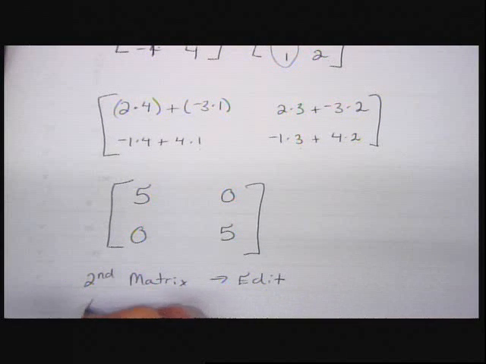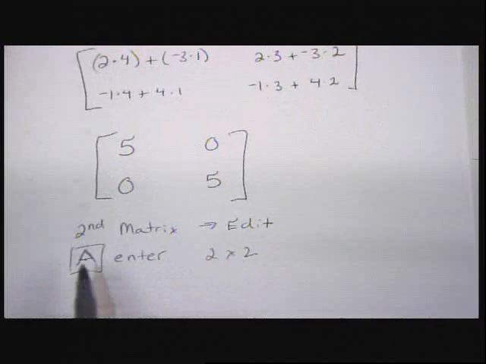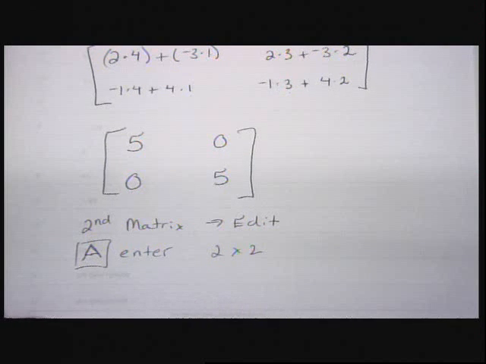And then A would be highlighted, so you could just hit enter. And then you would call it a 2 by 2 and enter your elements. And then you would do the same thing with B and enter the elements. Then you would go to the home screen and do second matrix A times second matrix B. Okay, so did that go okay? All right, I'm hoping it went okay.